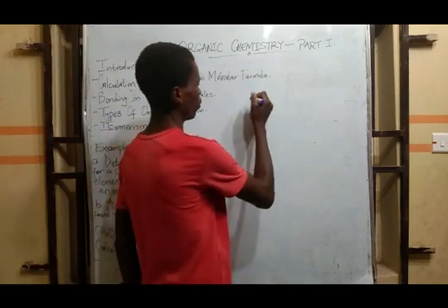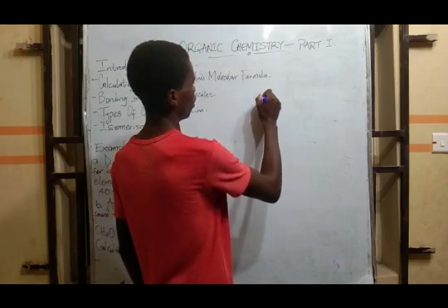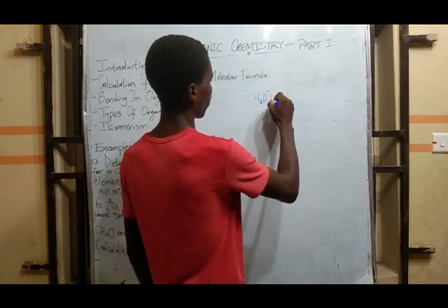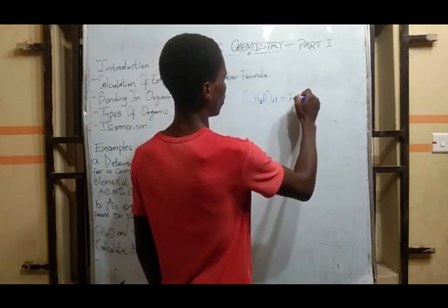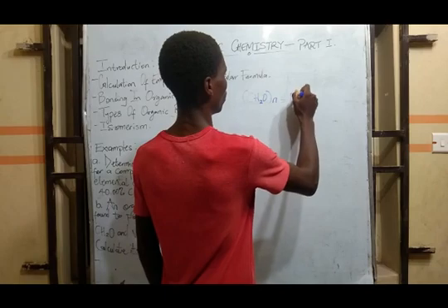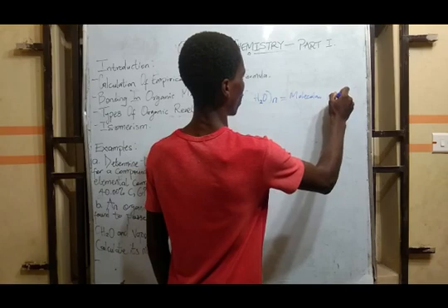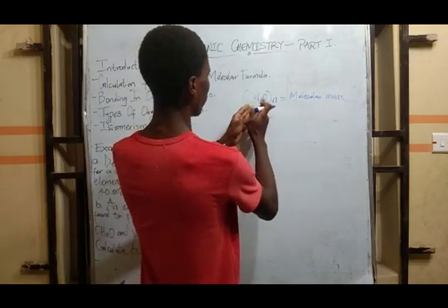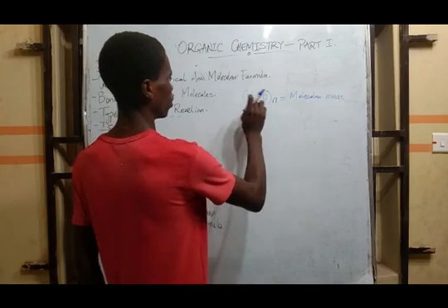The formula that we use in calculating our molecular formula is (CH2O)n, the empirical formula in brackets with n, equals the relative molecular mass or molar mass.